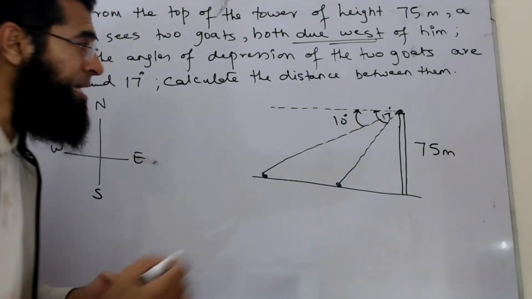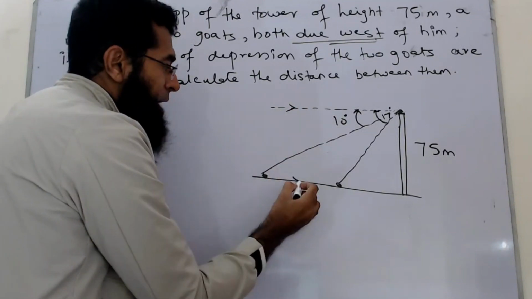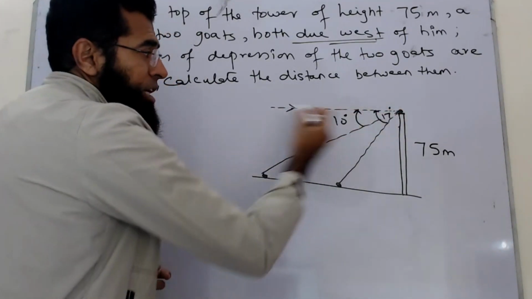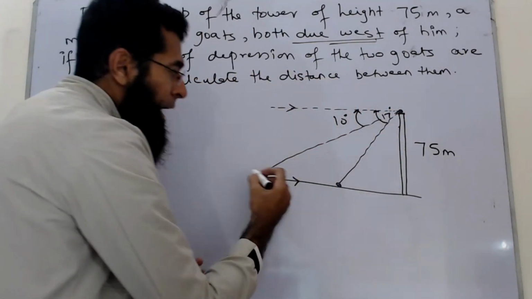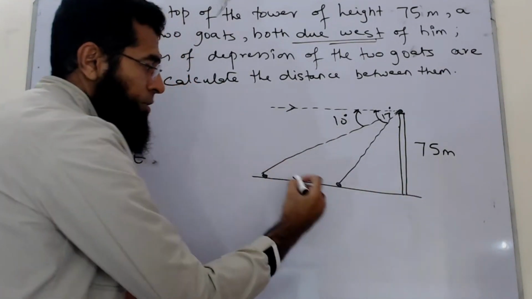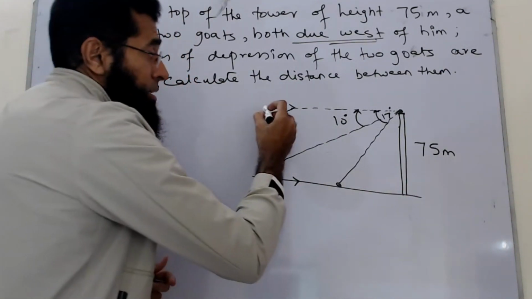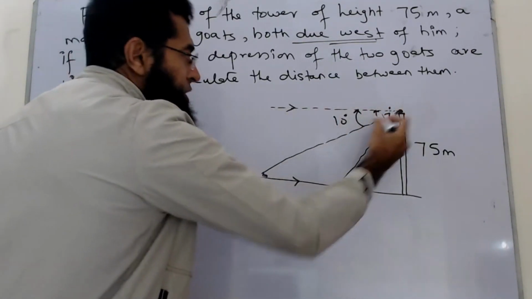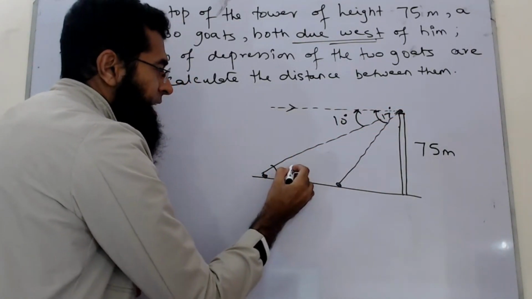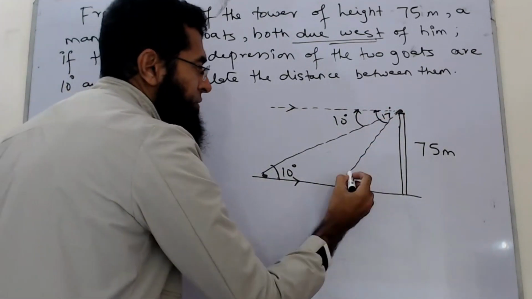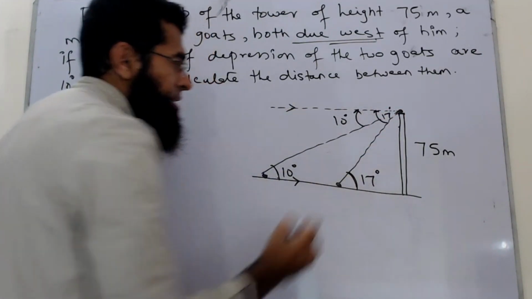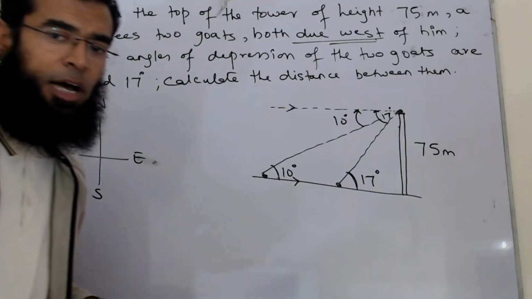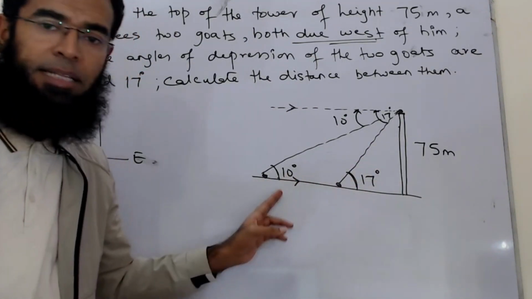So we've already discussed, beta these are two parallel lines, ये line of sight, ये उसकी जो eye level है, and the ground, right? So they are parallel, x-axis or ये. So by the help of alternate angles, we'll shift this angle, ये 10 degrees हो जाएगा, and we'll shift this, so this will be 17 degrees, right? So that is how we'll shift the angles inside the triangle.